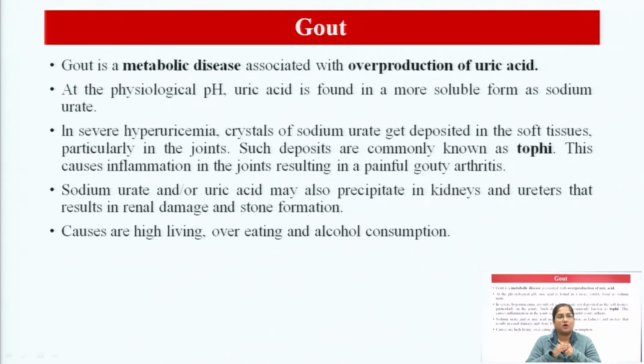This deposition of uric acid is called tophi. When there is a deposition of uric acid on the joints and soft tissues, the phenomenon is called tophi. If there is presence of tophi between two joints, it will be very difficult to move the joints, and it will be very painful.